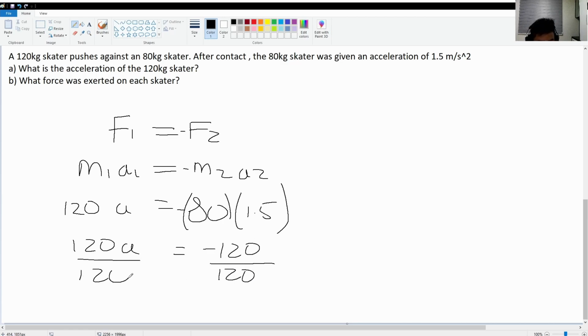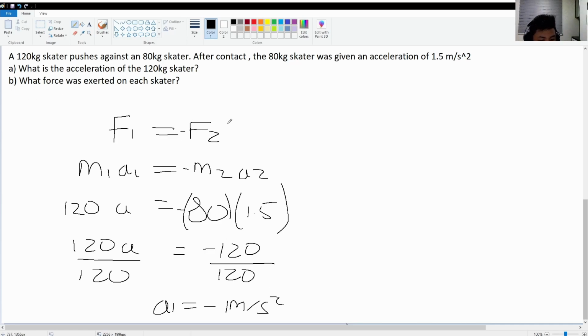Both of them divided by 120 give us a1 is minus 1 meter per second squared. So we got the acceleration of the 120 kilogram skater.